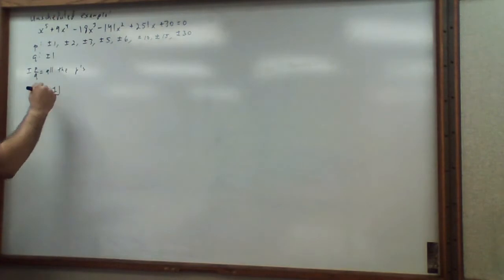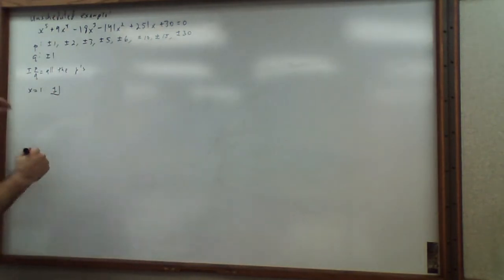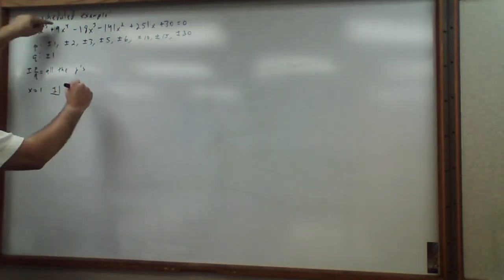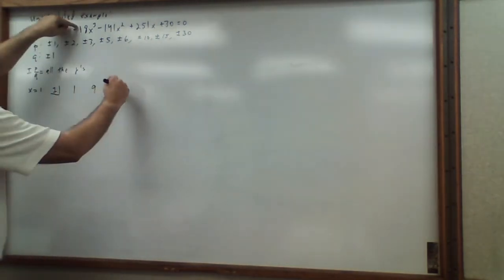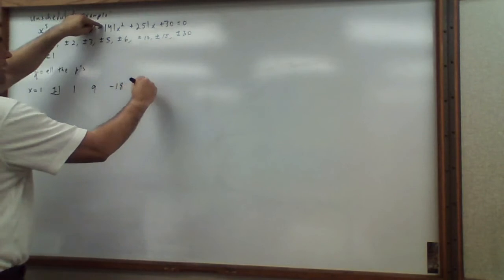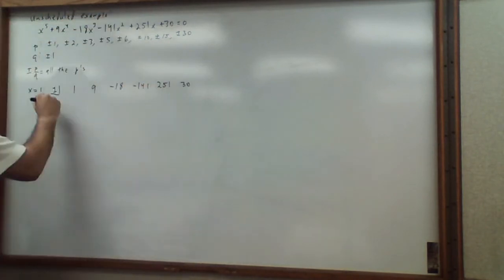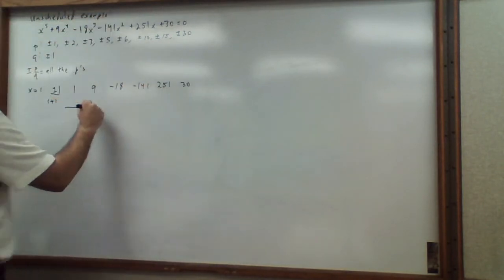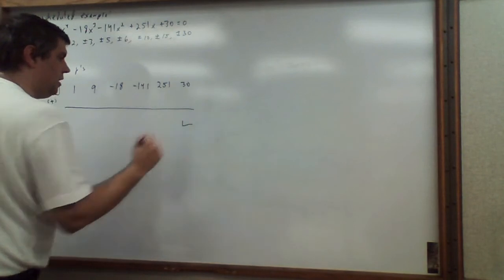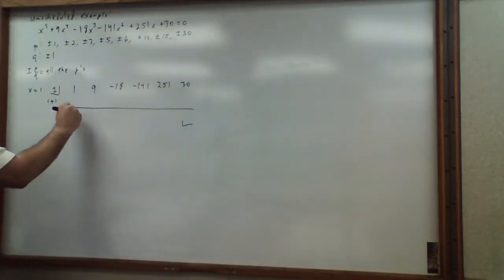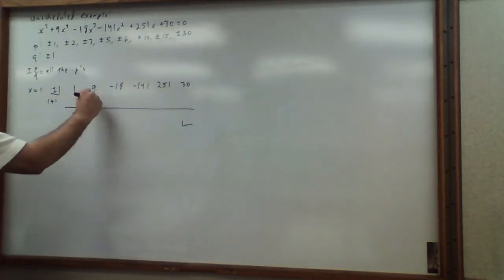So I got 1, 9, negative 18, negative 141, 251, and 30. Okay, bring down the 1. 1 times 1 is 1.